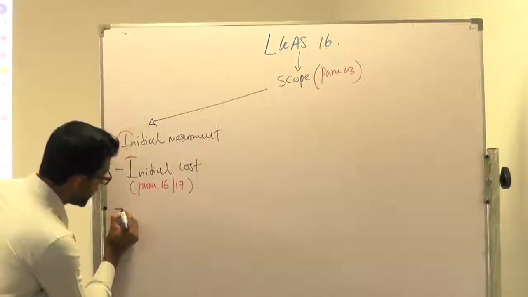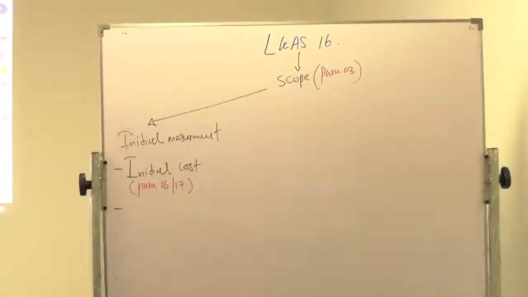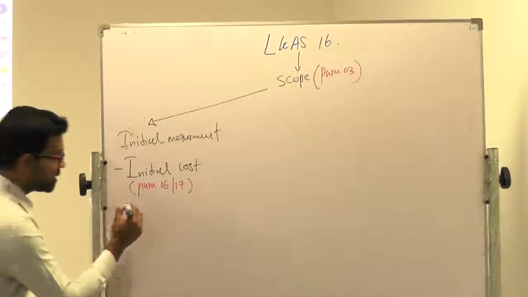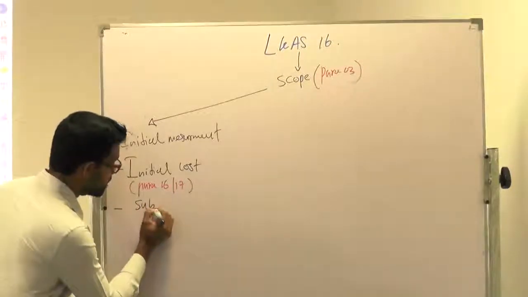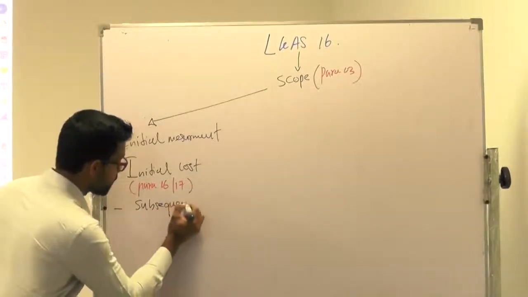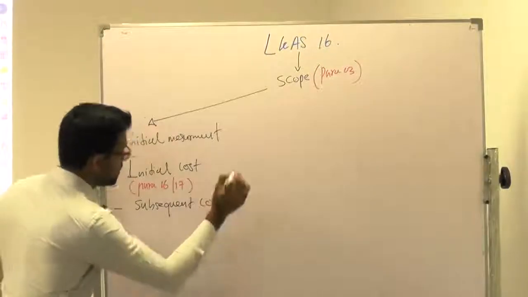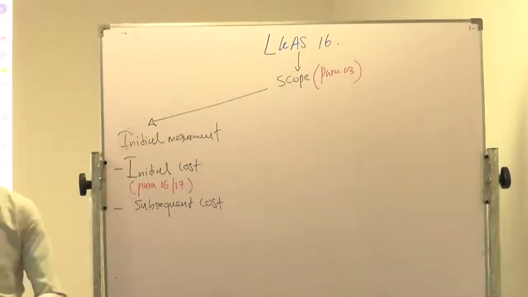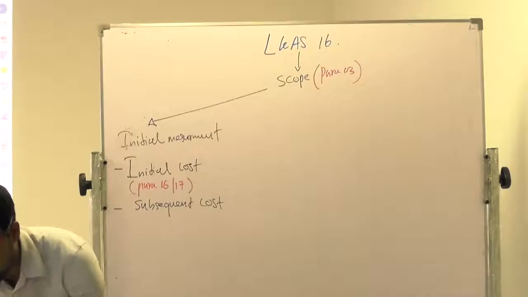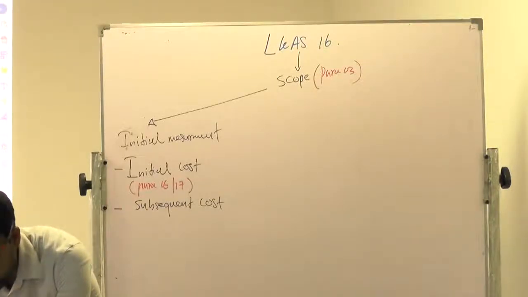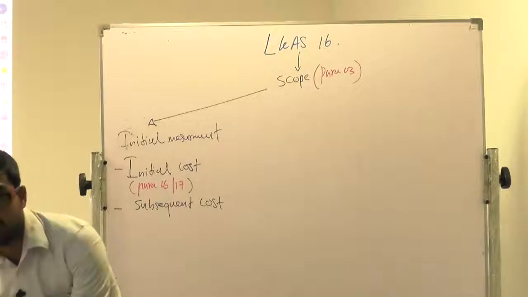Fine. So today I am planning to start not with the initial cost. Since we have done it, we can start straight away with subsequent cost. Subsequent cost means, I will refer straight away to the standard. Paragraph 17 explains these cost elements. So what are these cost elements?